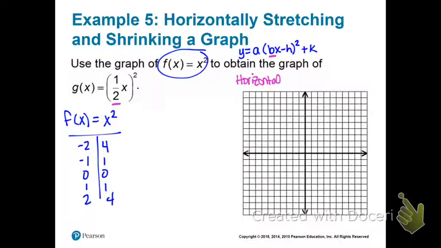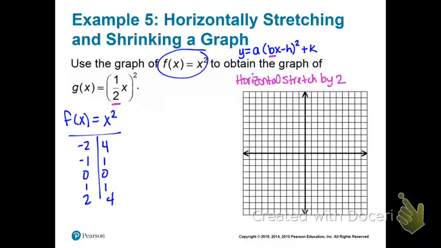Now, when we multiply something by 1/2, it usually gets smaller. But remember, x does the opposite. So multiplying by that 1/2 is actually going to make it get bigger. So it's going to be a stretch by, and the reason it's a stretch is because with x, we're not going to multiply by the 1/2. We're really going to divide by 1/2, which is the same as multiplying by 2.